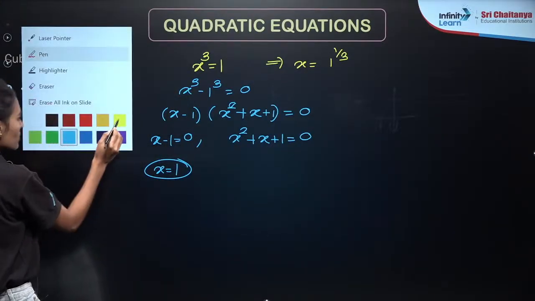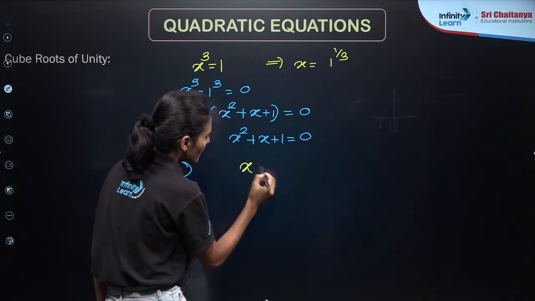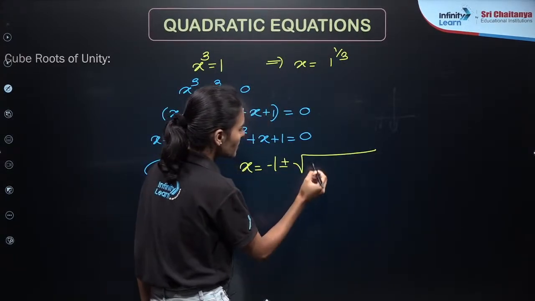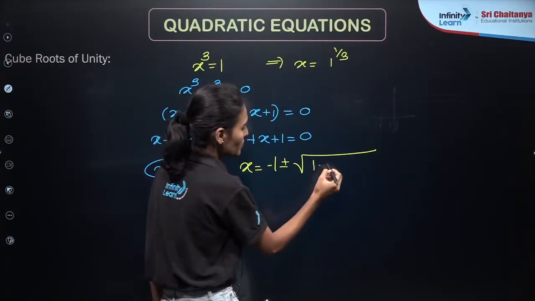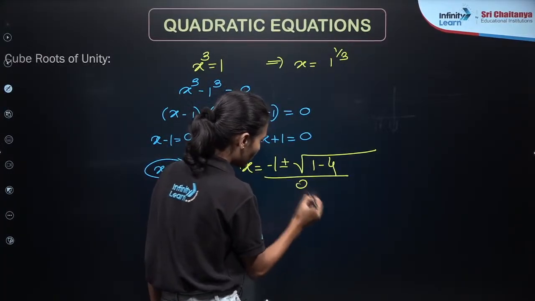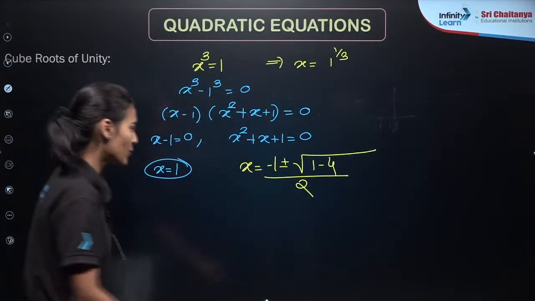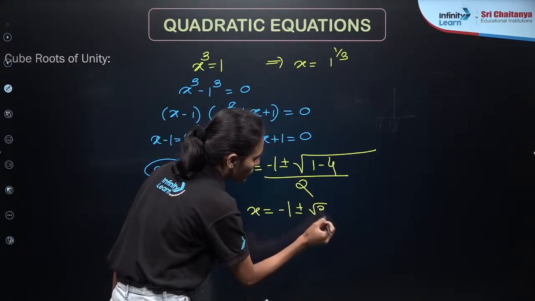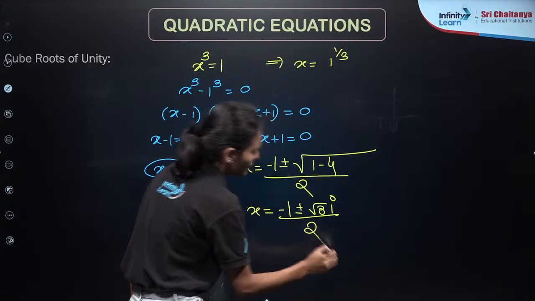Solve this. From here you will get x as minus 1 plus or minus the root of b square, minus 1 square is 1, minus 4ac means minus 4, divided by 2 into 1 means 2. So from here you will get x as minus 1 plus or minus root 3i divided by 2.